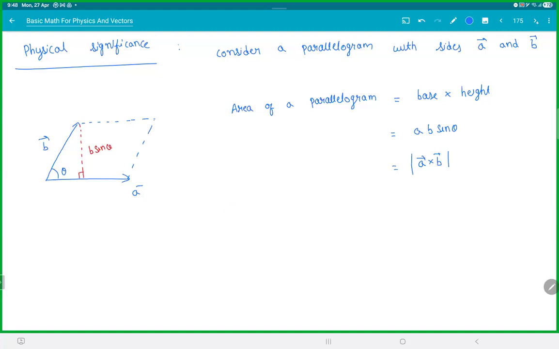Suppose we want the area of a triangle. So now in this parallelogram, if you just take half of it, that will be a triangle. So the area of a triangle formed by the two vectors is half of the area of a parallelogram.